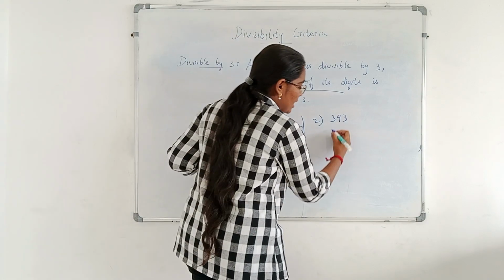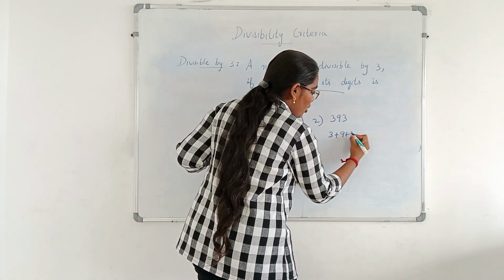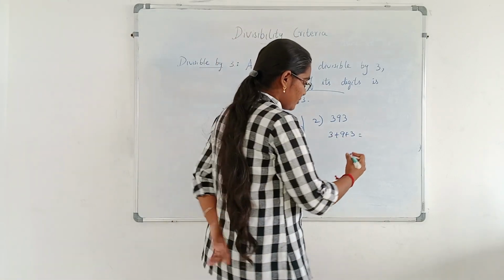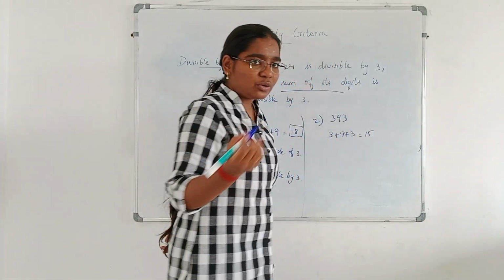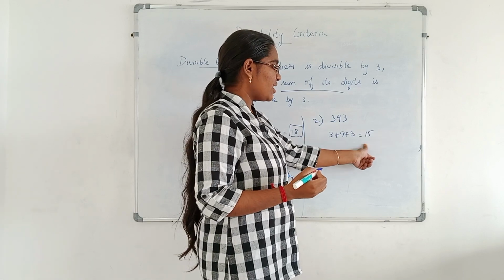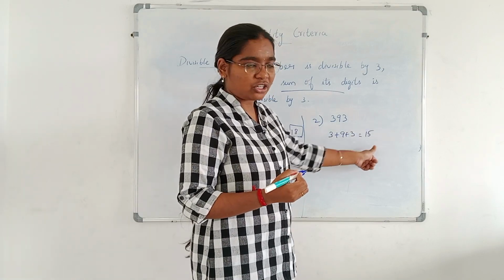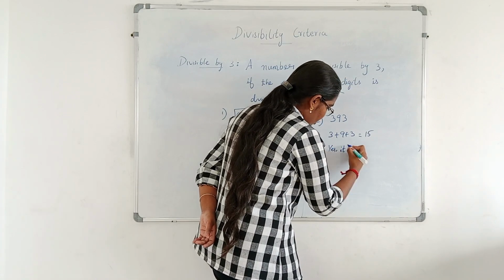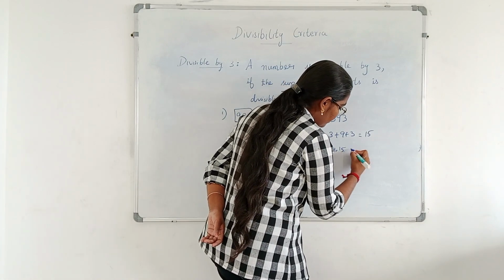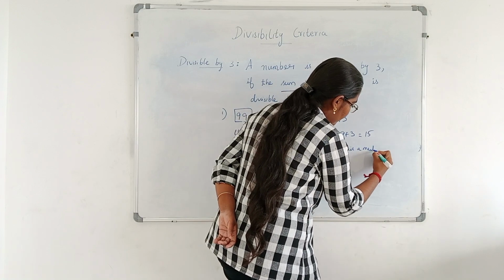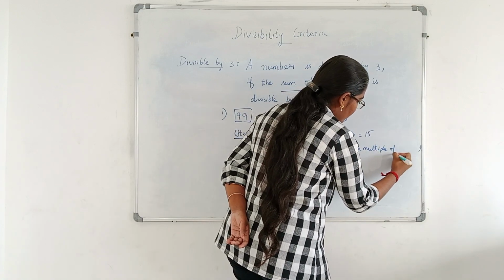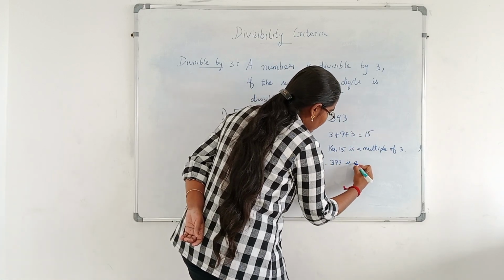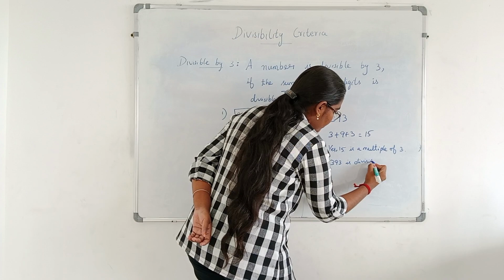Now consider another example, 339. Step 1: add all the digits. 3 plus 3 is 6, 6 plus 9, 15. Step 2: check whether this number is a multiple of 3. Yes, 15 is a multiple of 3. Therefore, 339 is divisible by 3.